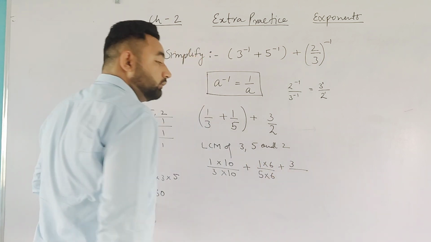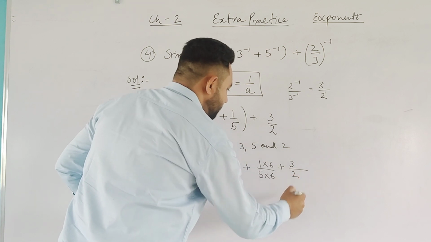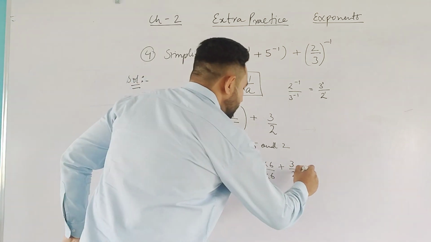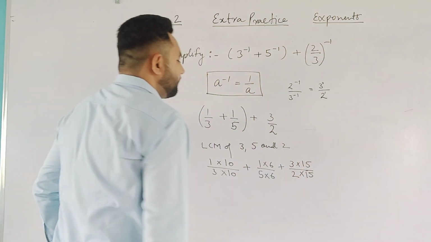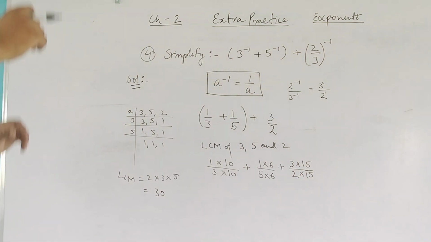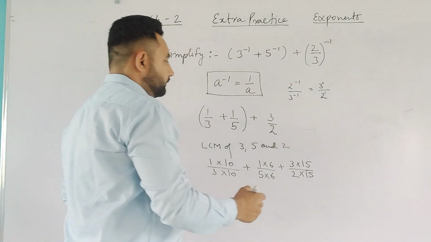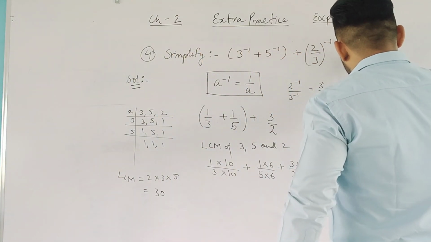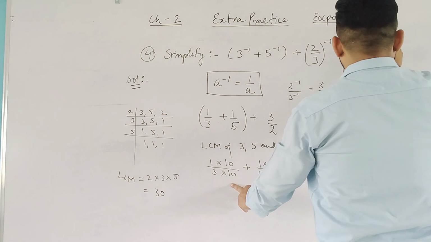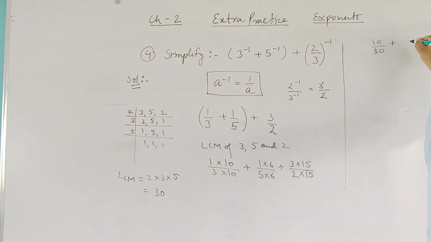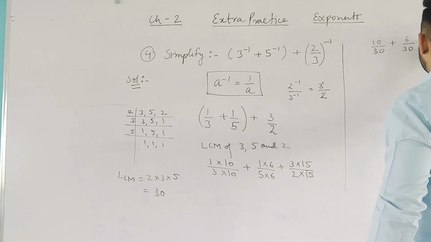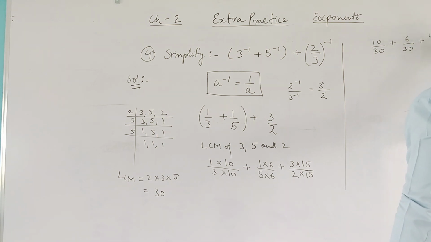And 2, by what number will you multiply 2? 15. And by the same number you will multiply in the numerator also. So it will become 10 by 30 plus 6 by 30 plus 15 multiplied by 3 is 45 by 30.